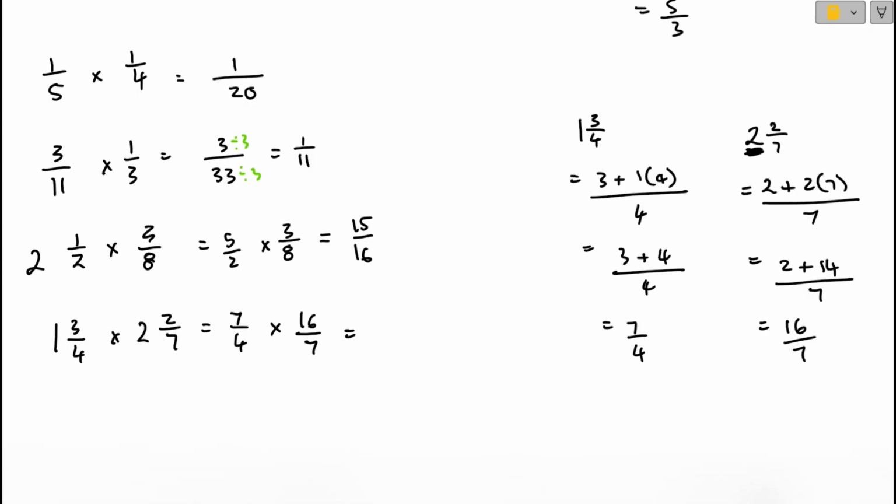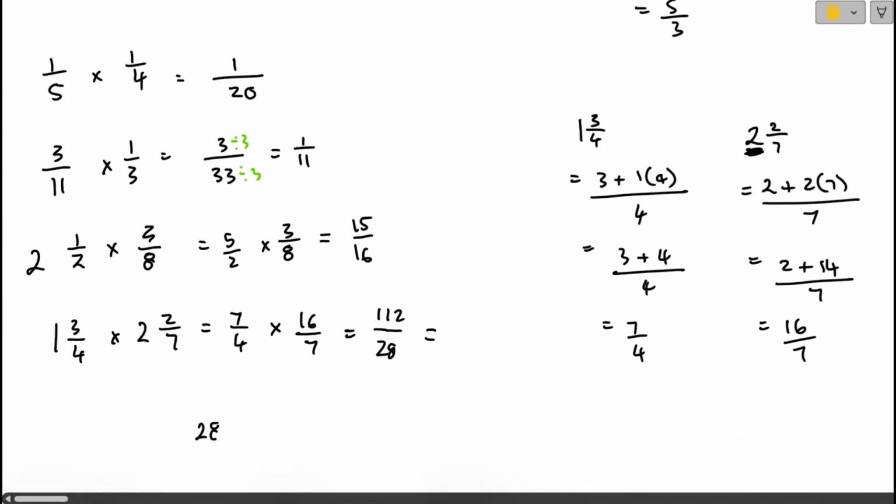Okay, so 4 times 7 gives us 28. But for this part over here, 7 times 16 will give us 112. Can we simplify this? I can see they're both even numbers, so they should be able to be simplified. Let's have a look at the multiples of 28.